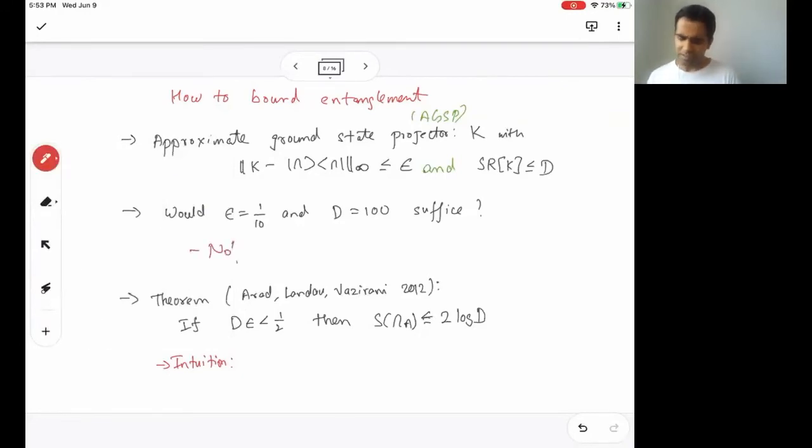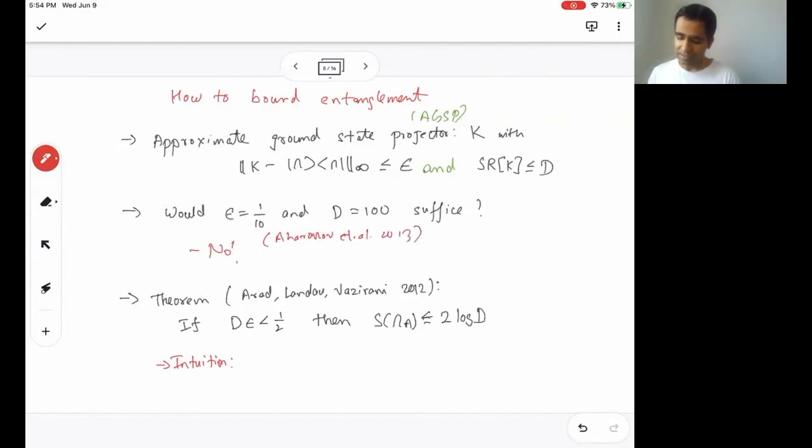It turns out that there is a very interesting family of approximations which can certify very large entanglement. Here's where it comes from. It basically comes from the work of Aharonov et al. that I showed you earlier, from 2013, I think.